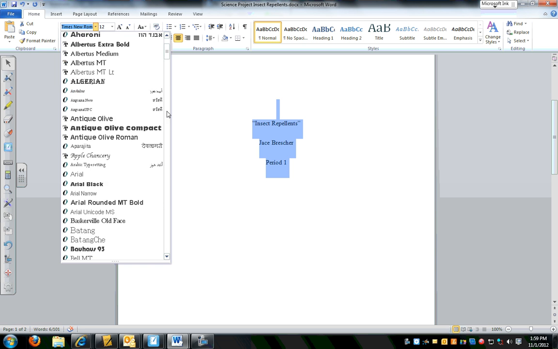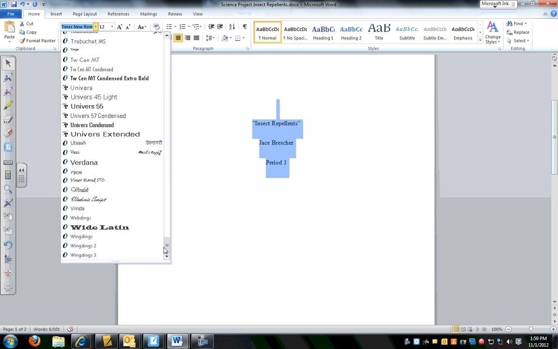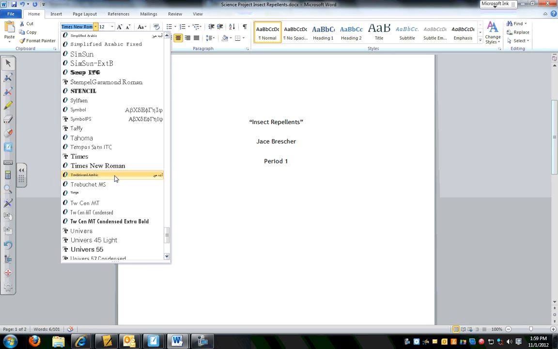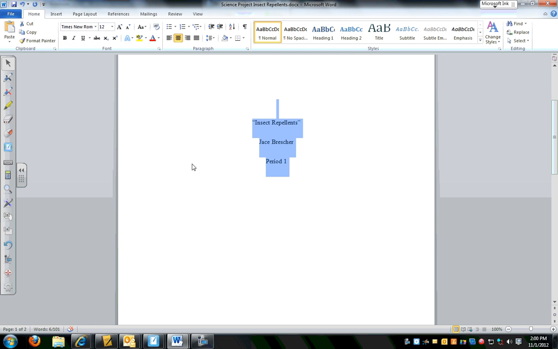You may have to actually go down and search for Times New Roman if it's not saved as one of your recently used fonts. Then you want to double space. To double space, we can go to our alignment tool in the toolbox and select 2.0. That will give us double spacing.